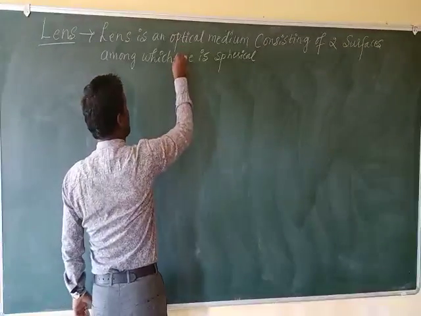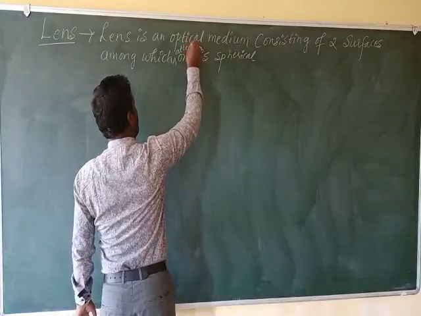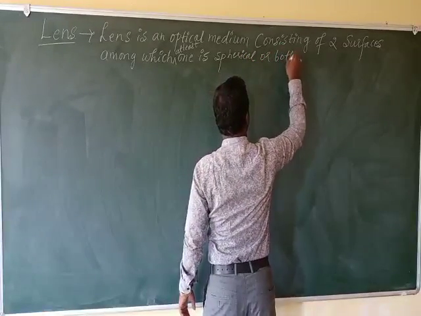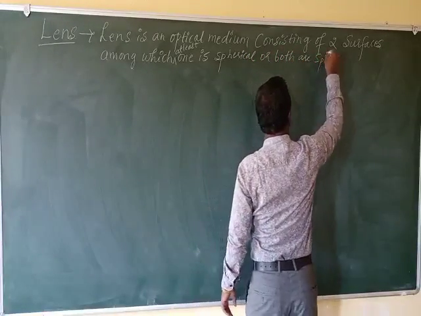At least one of the two is certainly there. At least one is spherical or both are spherical.